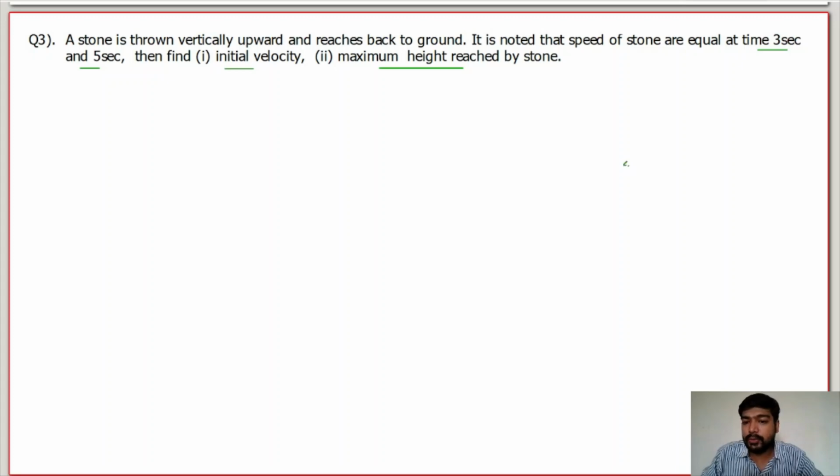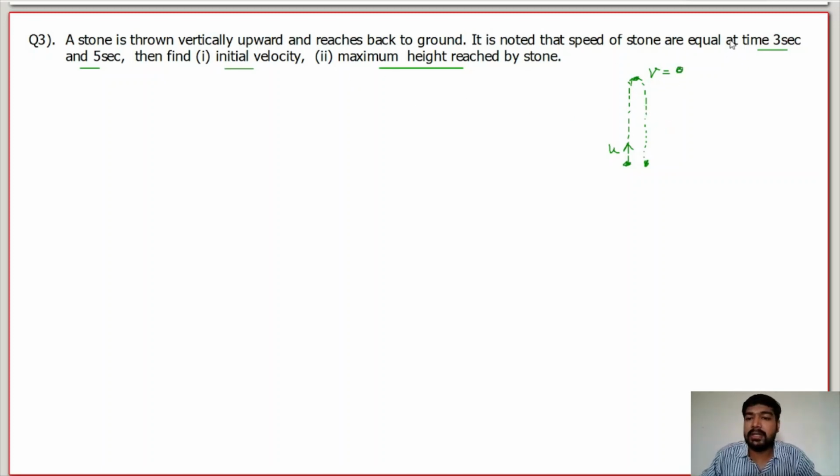You have one stone which is thrown vertically upward. कुछ देर बाद वो नीचे आएगा. It is thrown with some velocity v, and at some point the velocity will be 0, and it will come to the ground, with constant acceleration.